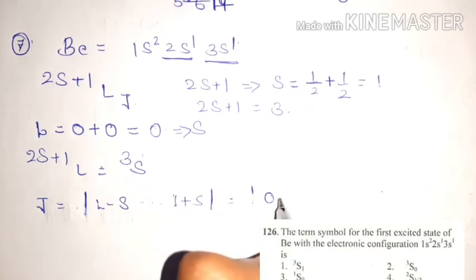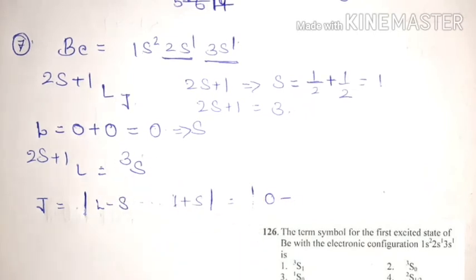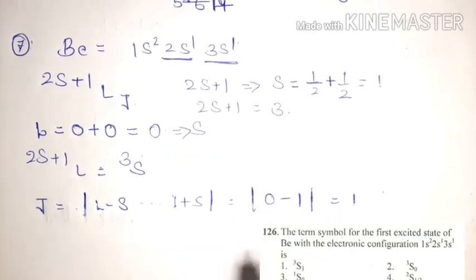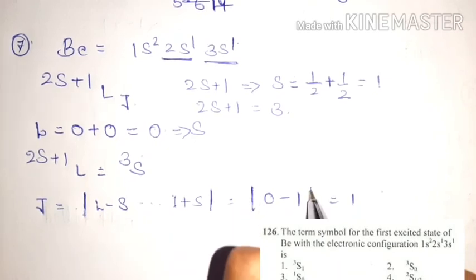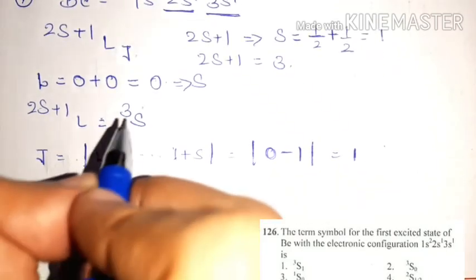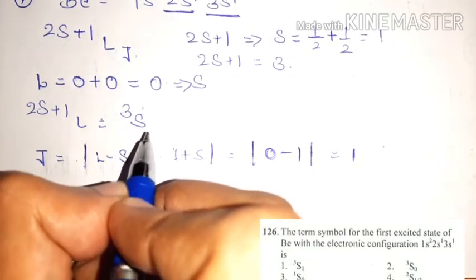Okay, L minus S, and the value of S is 1. So this will become 1. The value of J will become 1 because we use modulus. So 0 minus 1 will become 1. So ultimately the term symbol for this electronic configuration is 3S1.